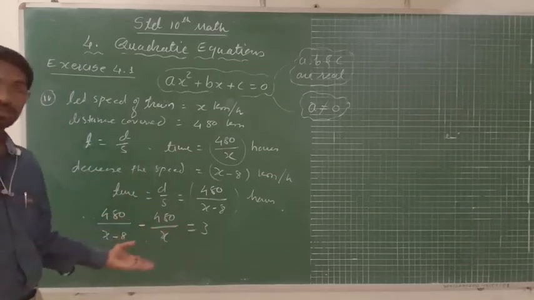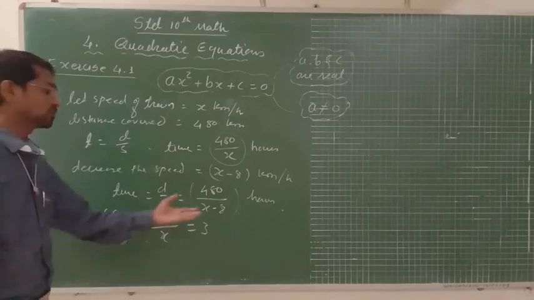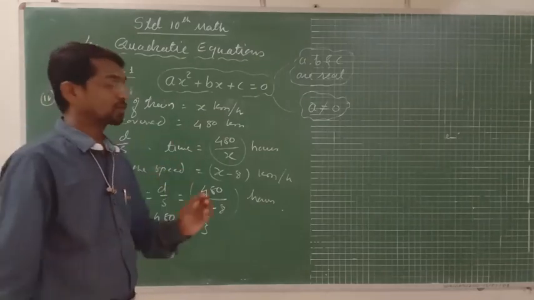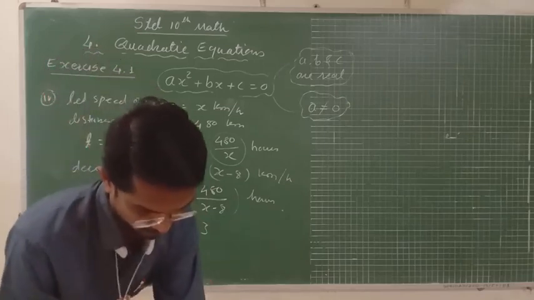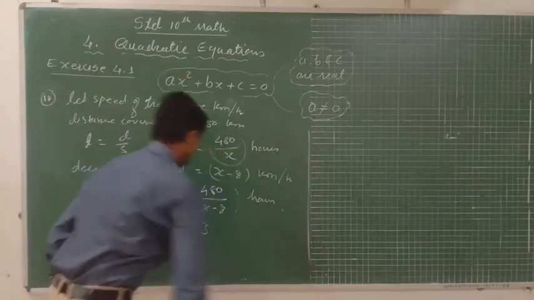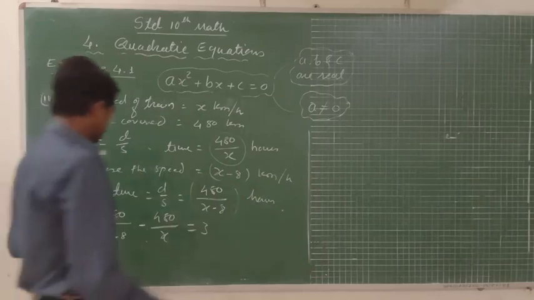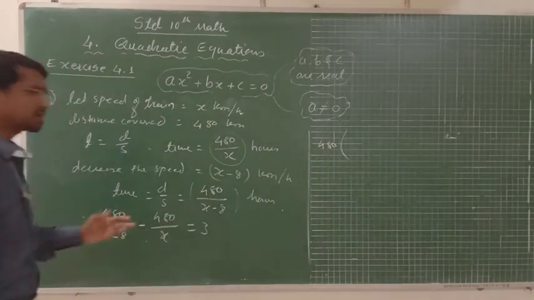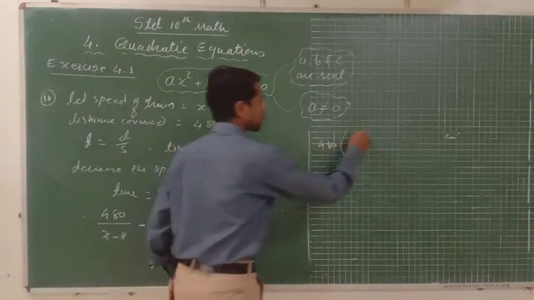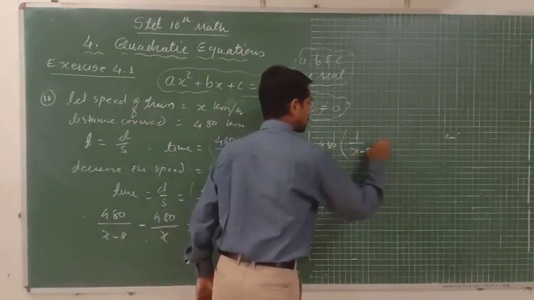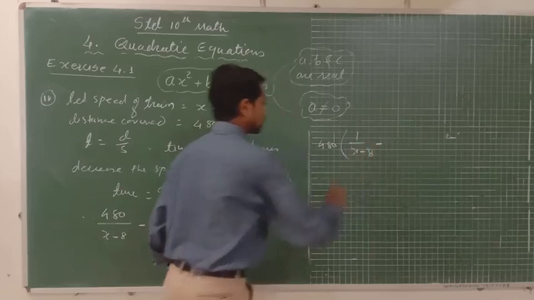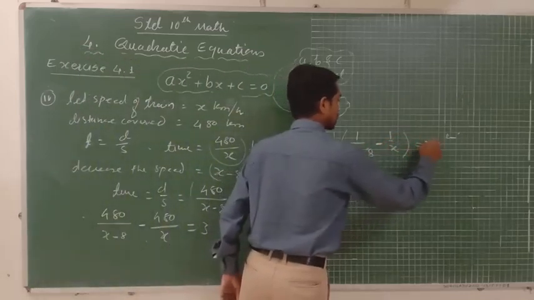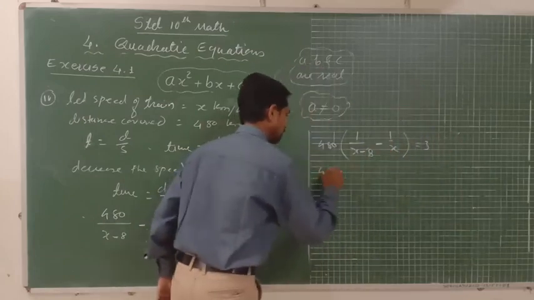As you know how to solve this, just cross multiply and you will get your answer. The answer means we have to find the required quadratic equation. Let me solve it, no problem. See, 480 is common, for convenience. So it is 1 upon x minus 8 minus 1 upon x is equal to 3 upon 480.